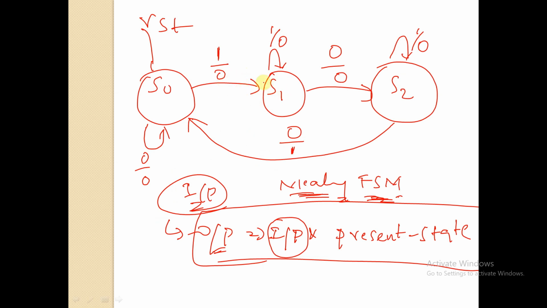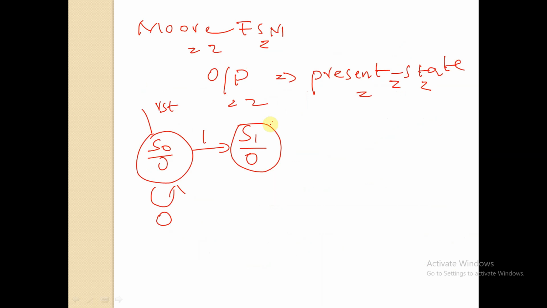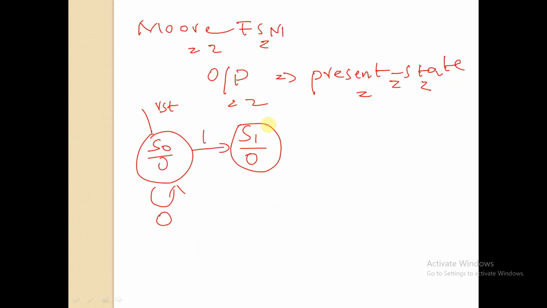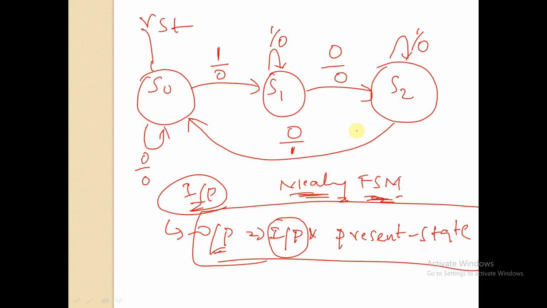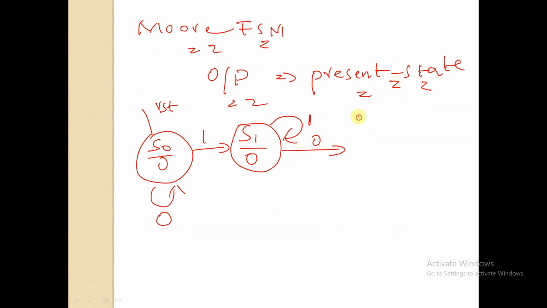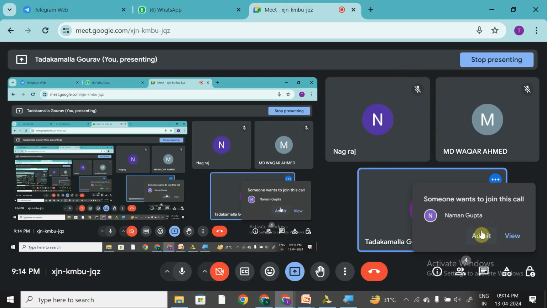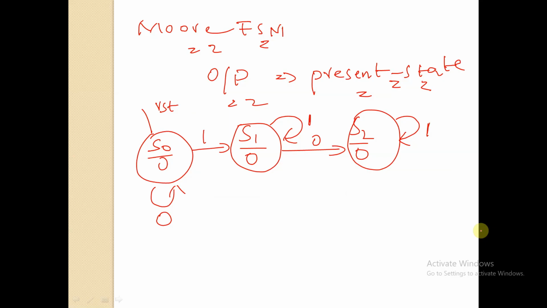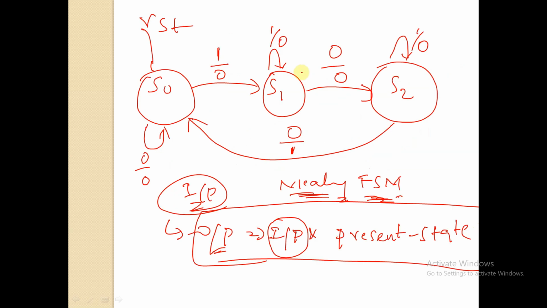In S1, if the input is 1, the output will be 0. So this is the diagram, and if 0, then it will go to S2 state, output is 0, and in S2 if the input is 1, it will stay in the same state. We are looking for a sequence, some random sequence I have taken, just like that.